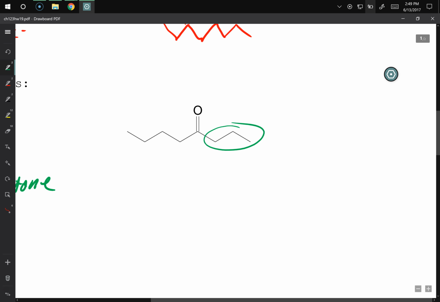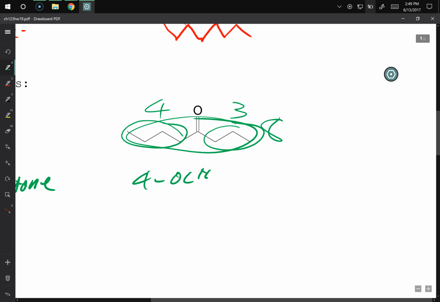So 3 and 4. And so total, it's 8. So 1, 2, 3. So it could be 4-octanone. Or it could be what? You could spell it.